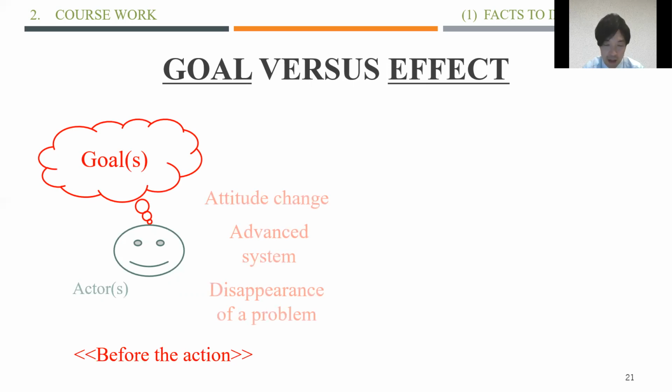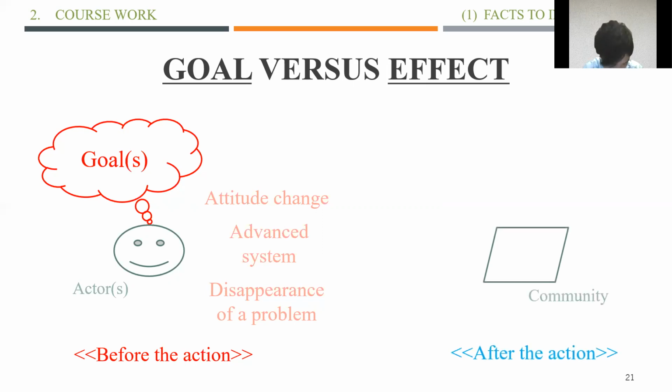They could be the advancement of any system, or they could be disappearance of a problem itself. Whatever, but you need to show what kind of goal or goals the policy had. Okay, this is the fifth element of your research, and you need to look for what the goal was.